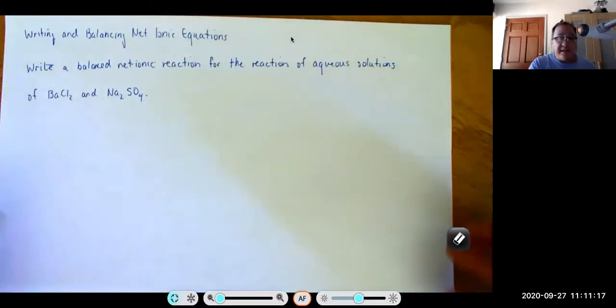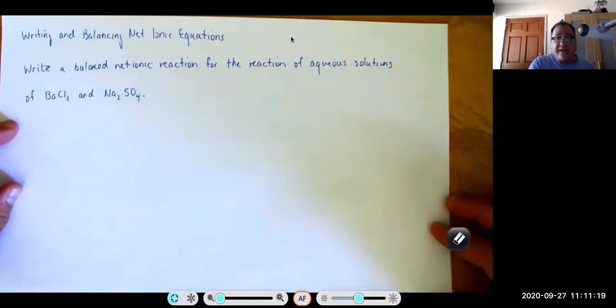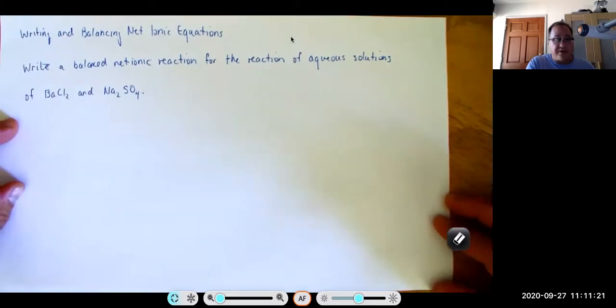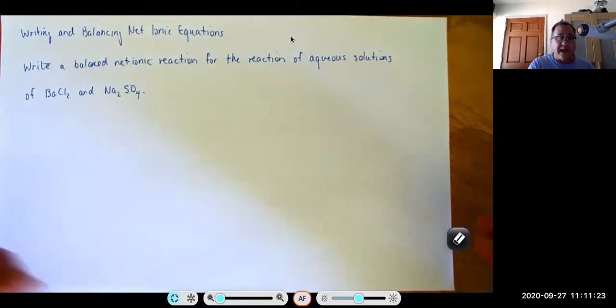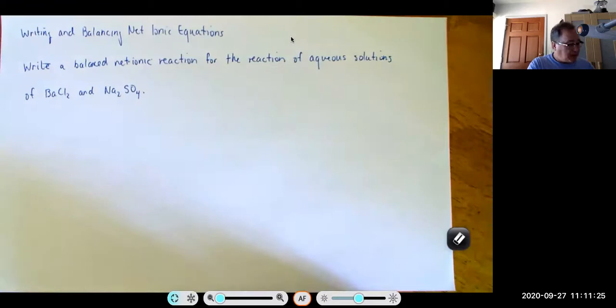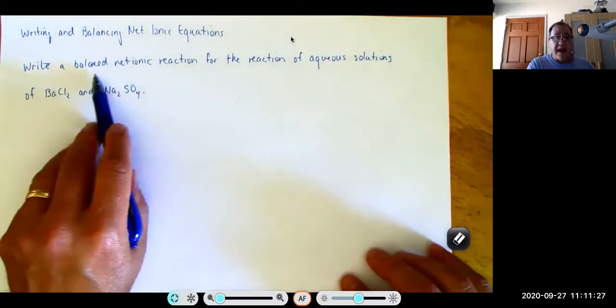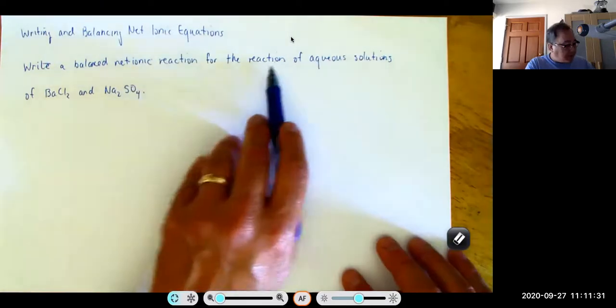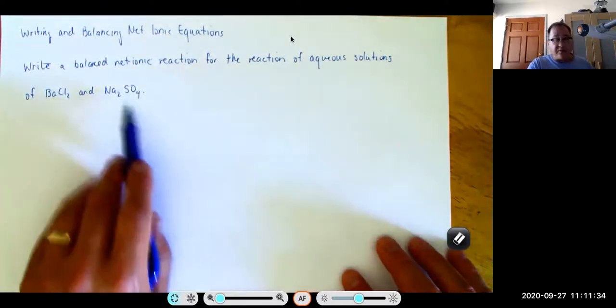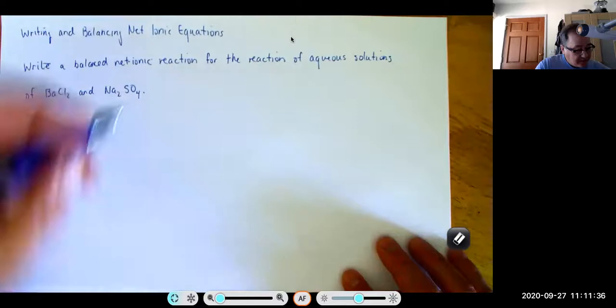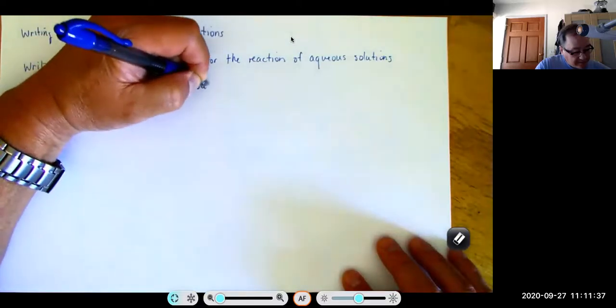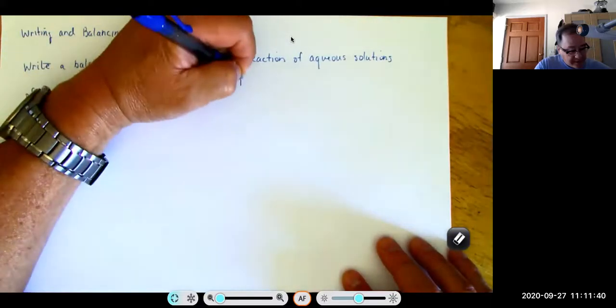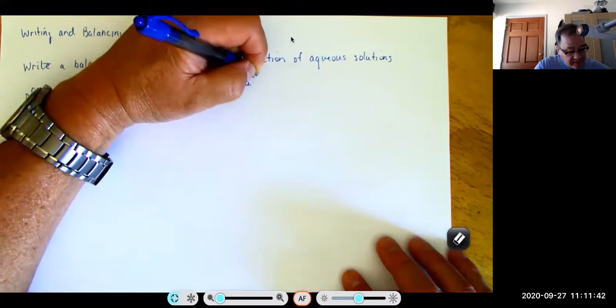Okay, let's take a look at another problem. Writing and balancing net ionic equations. So what is a net ionic equation? A net ionic equation is the equation that shows you what's really happening. So we want to write a balanced net ionic equation for the reaction of aqueous solutions of barium chloride and sodium sulfate. So here, with the barium chloride, we know that the ions are barium ion and chloride ion.